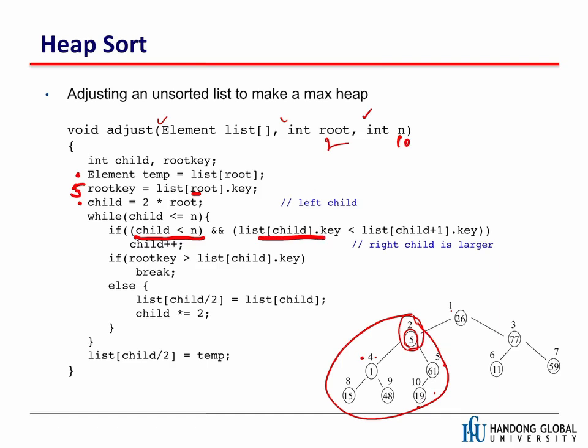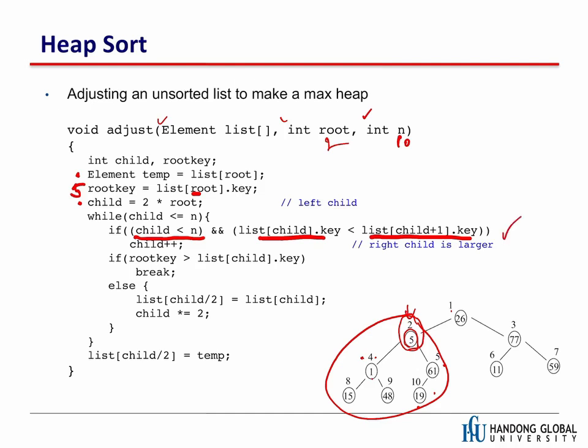And we have a right child, and we are comparing the left child and the right child. In this case, the right child is larger. So child plus plus now corresponds to this case. The root is 2 and child is 4, but the right child is larger, 61 is larger than 1.